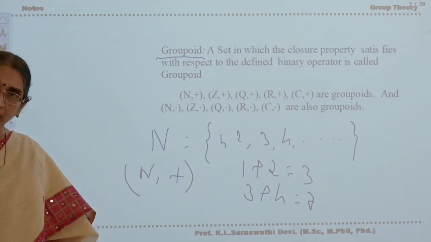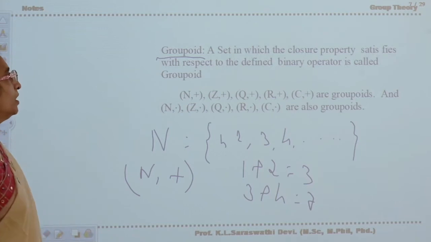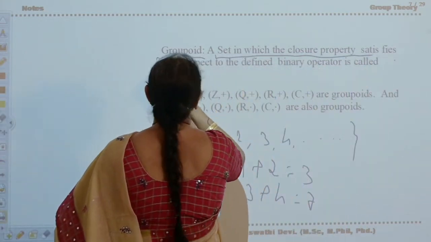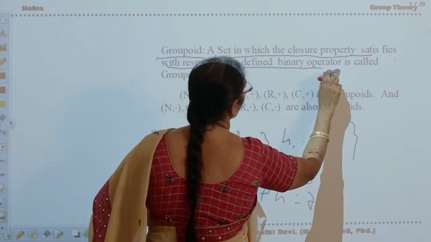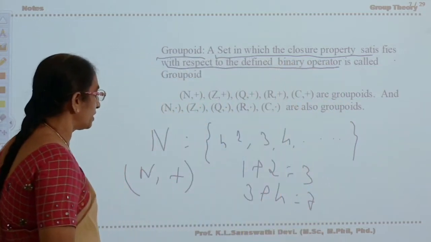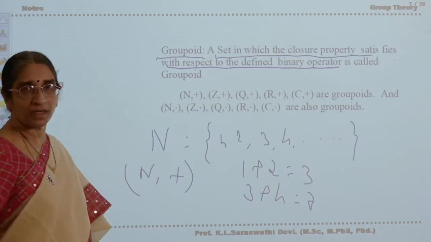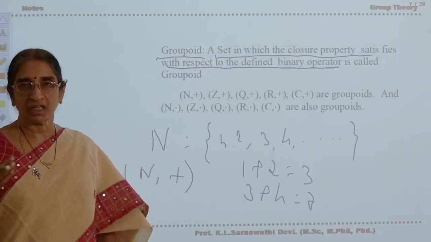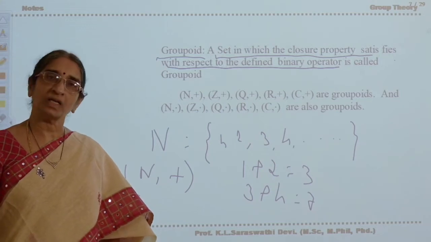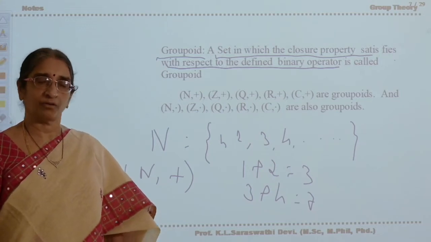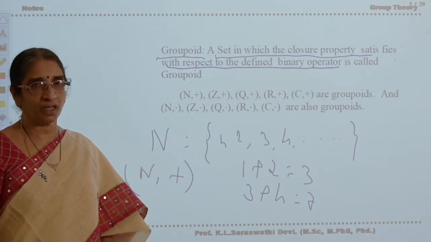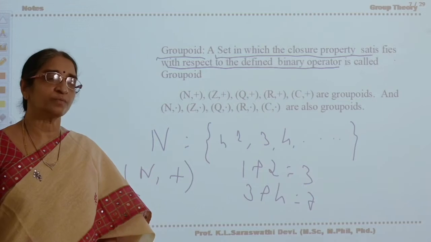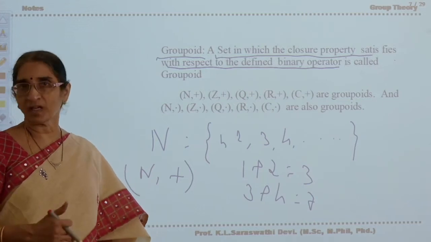So a groupoid is a set in which the closure property is satisfied with respect to the defined binary operator. We define a binary operator in such a way that if a, b are two elements of the set, a plus b will also be an element of the set. Is it clear?